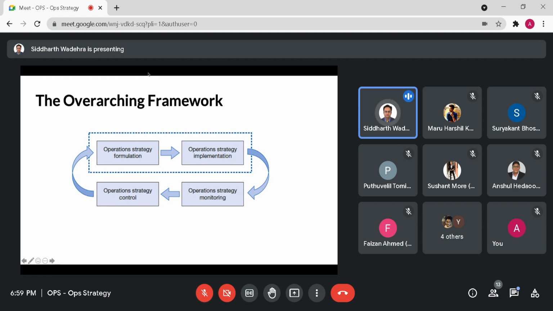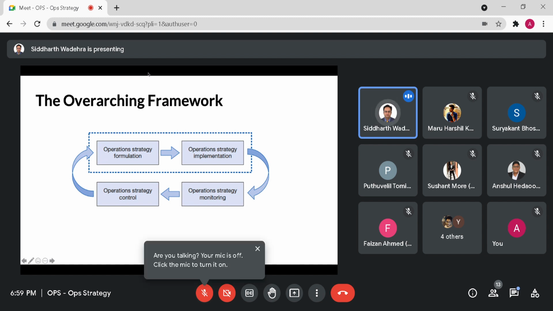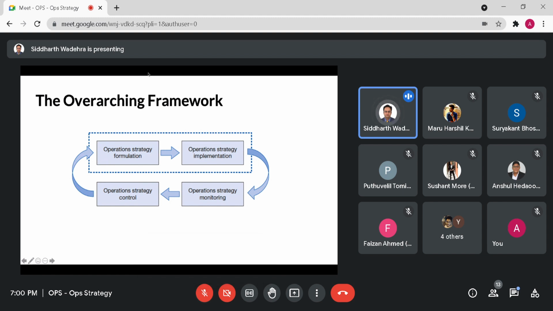It's very difficult to find a specific case study around monitoring and control, but it's something that encompasses a little bit of everything. The textbook that I have shared has a lot of very interesting case studies towards the end, mostly around operations strategy. In case anyone has interest in going over some of these cases, I think they're very interesting.